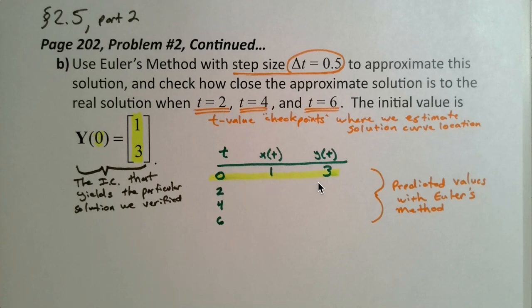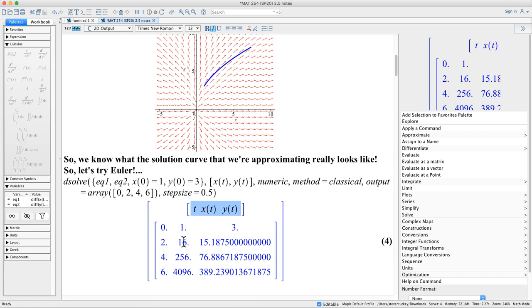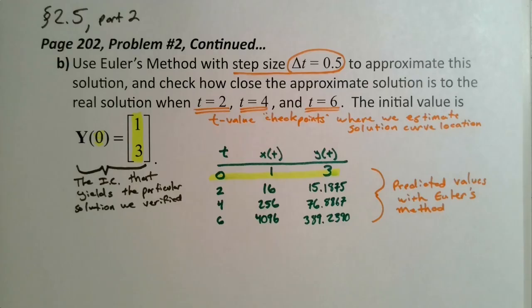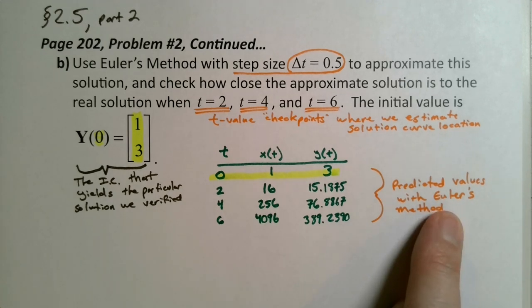Now what I'm going to be able to do is fill in these other values using the table that Maple gave us. So I'm going to go ahead and fill in those values and then switch over to the other screen. You go ahead and do the same. Okay, now that I've filled in my x of t and y of t values, remember that this table is what we predict the solution is going to look like using Euler's method.